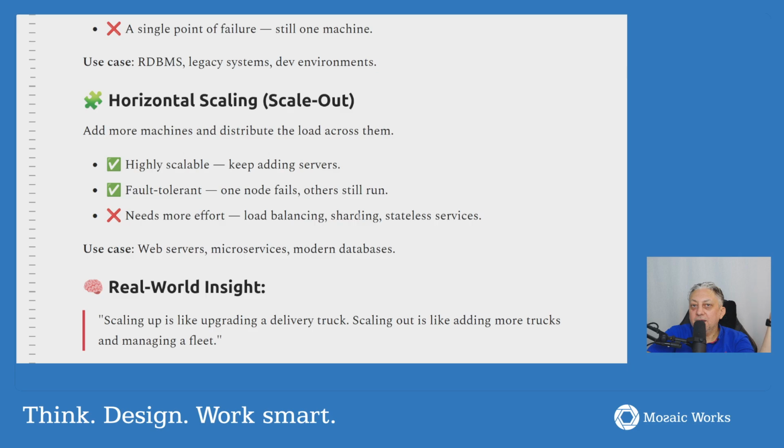And then in order to do that, you need stateless services. And you might need to do sharding. Sharding means splitting the database into smaller pieces, and then the routing of the load balancer uses a specific algorithm. So let's say you have customers, you can have A to C on one server, D to F on the second server.